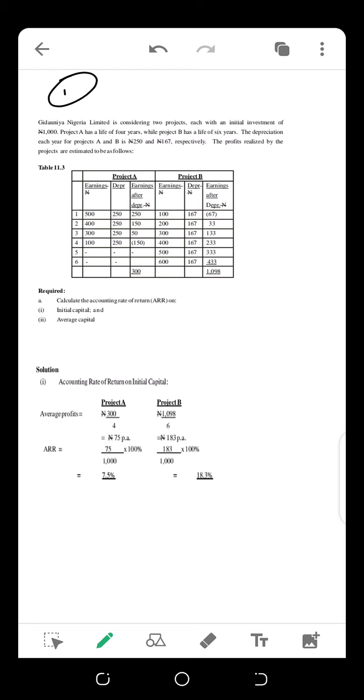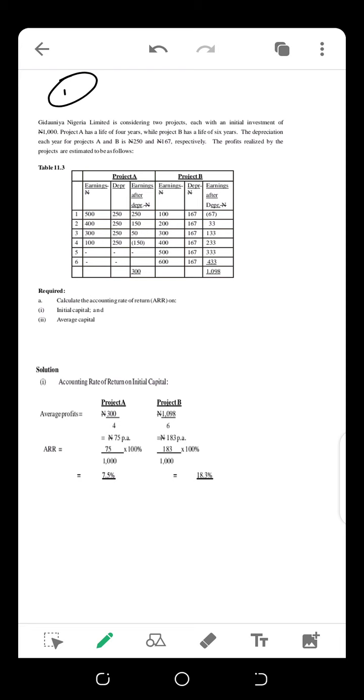The depreciation each year for project A and B is 250 and 167 respectively. The profits realized by the projects are estimated to be as follows. That is the profit for the year. The question has been presented in a table just to make it more explanatory. This is still the question.